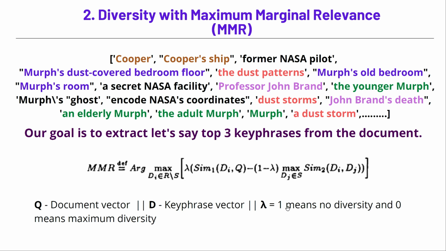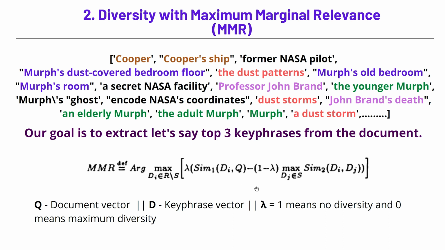So at the end of the day, if lambda is equal to 1, this MMR algorithm will just come back to what we have previously created, which is a decreasing order sorted list of keywords. So when lambda is equal to 1, there is no diversity, because you can see that there is no diversity in our purely sorted list based on just cosine similarity from highest to lowest.